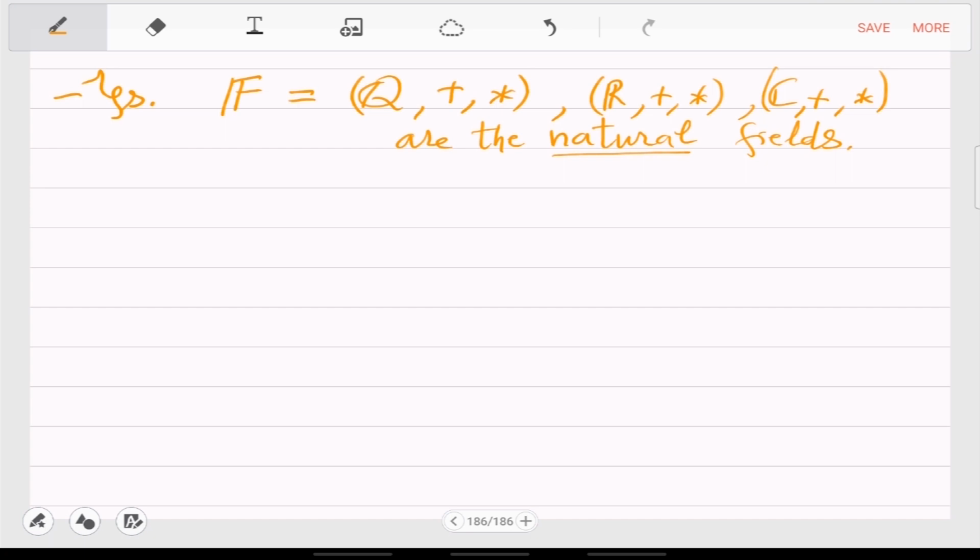What else? So a new field that you have seen is Z/P.